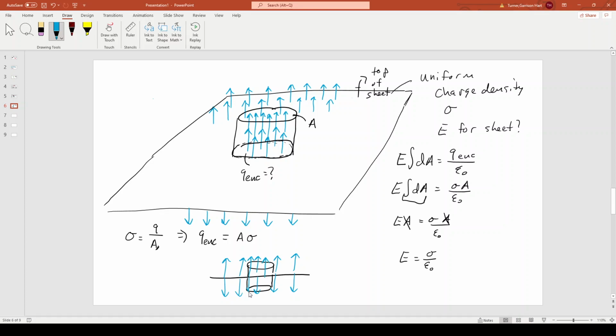But it's the same charge density and the same area of the surface you're looking at. Okay? So what that tells us is that this is for the total sheet.